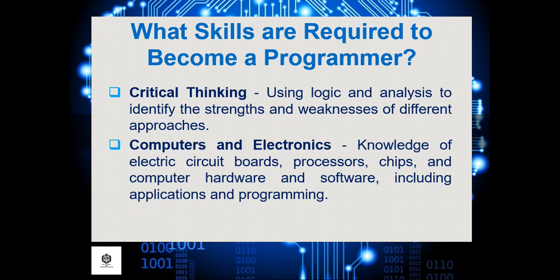Another skill is critical thinking, wherein using logic and analysis to identify the strengths and weaknesses of different approaches. Computers and electronics: you should have knowledge of electric circuit boards, processors, chips, and computer hardware and software, including applications and programming.